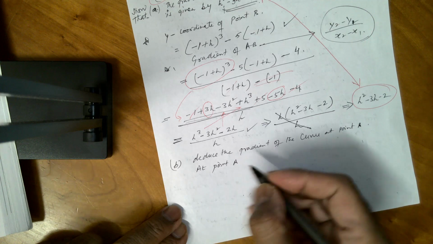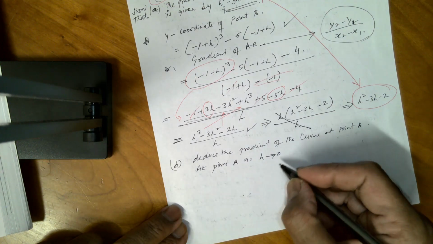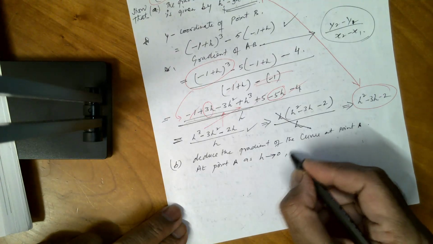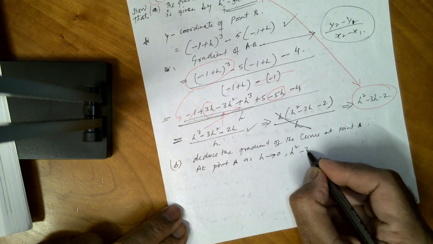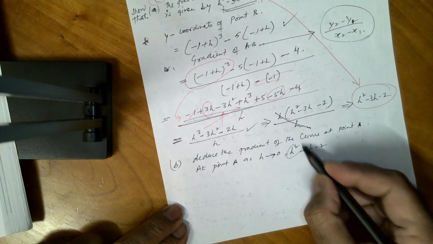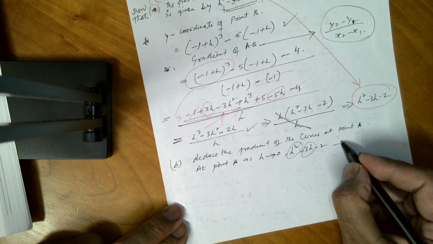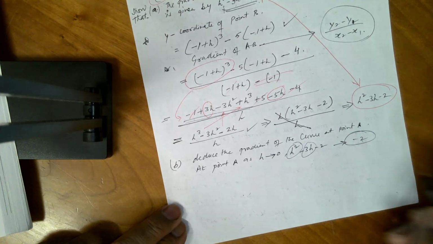At the point A, as h tends to 0, h square minus 3h minus 2, h tends to 0, that will be 0, that will be 0. So what we have got here is minus 2 only.